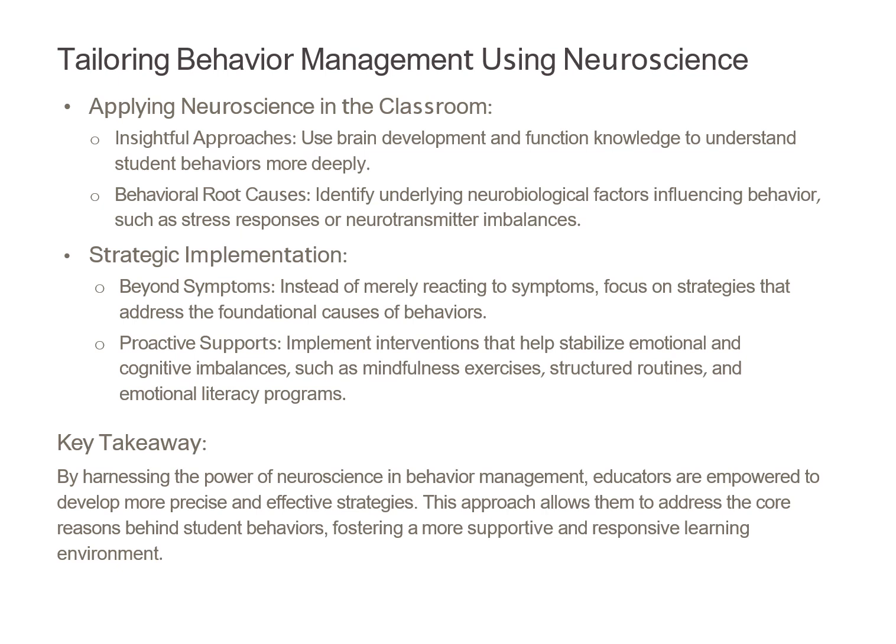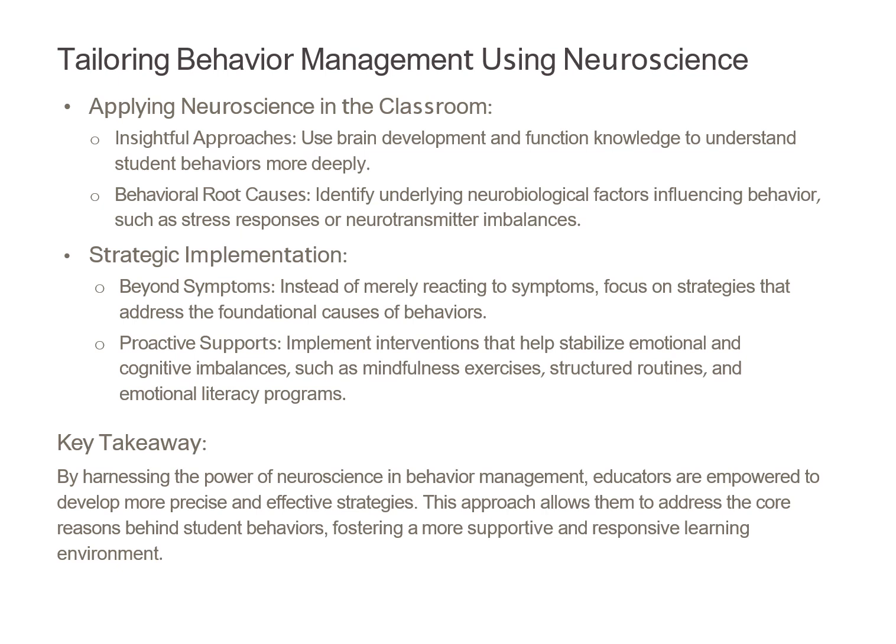We'll move beyond simply reacting to these behaviors. Our focus will shift to addressing the root causes. By understanding the underlying factors, such as emotional or cognitive imbalances, we can develop targeted strategies that make a difference.